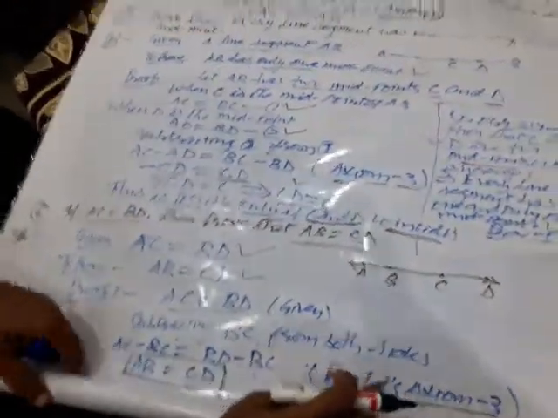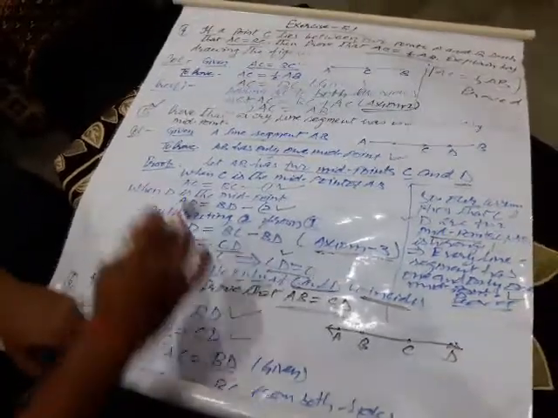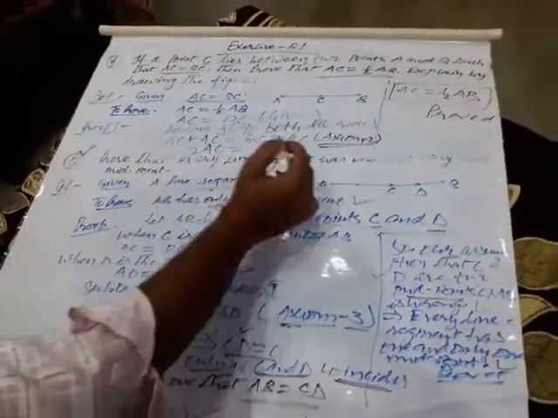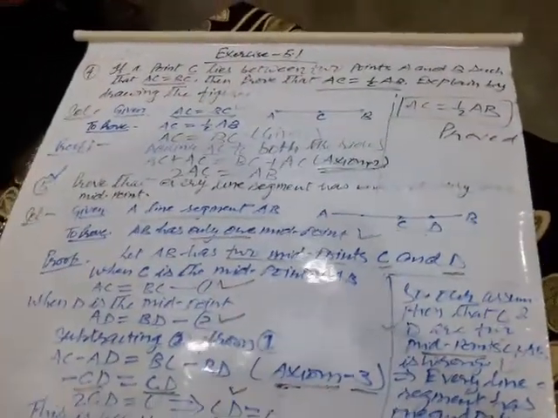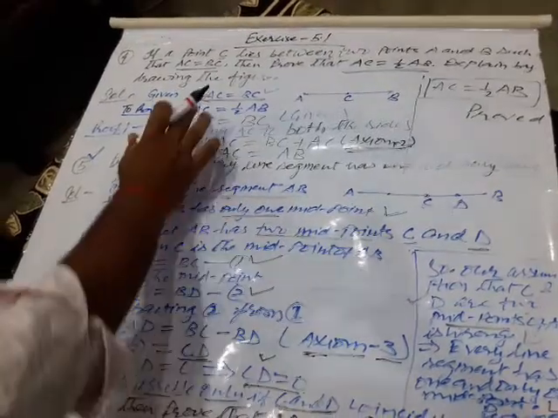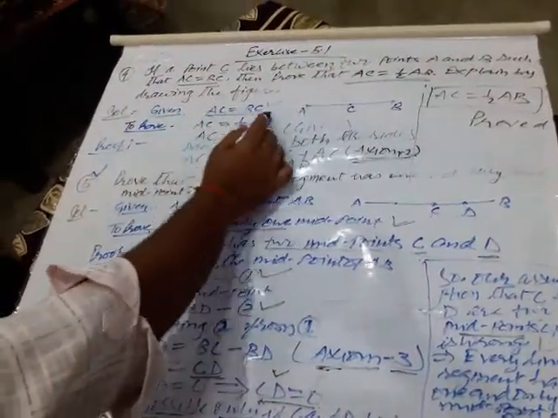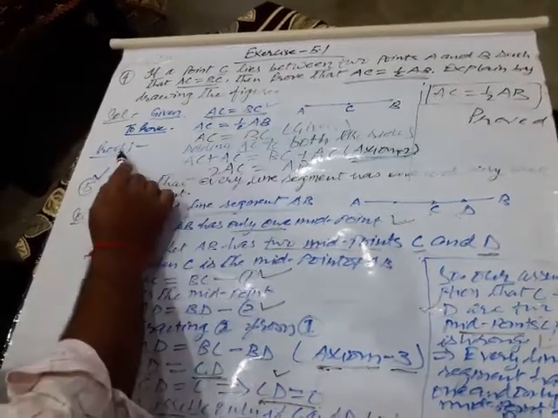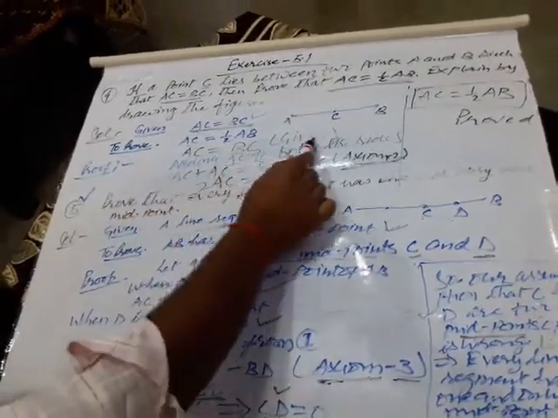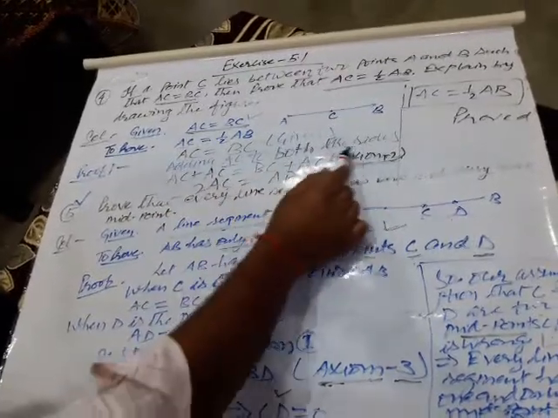Let us see once again question number 4. Children, here I would like to remind you that when equals are added to equals, then the results are also equal. While proving this question, AC equals BC is given, and you had to prove that AC equals half of AB. Adding AC to both the sides, AC plus AC equals BC plus AC.